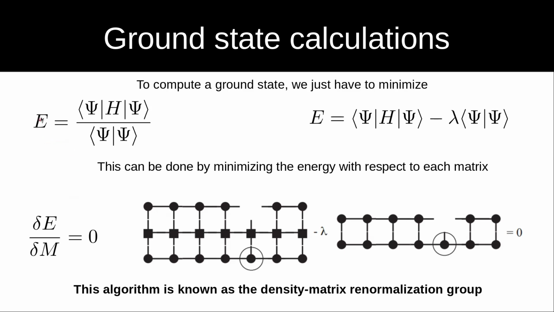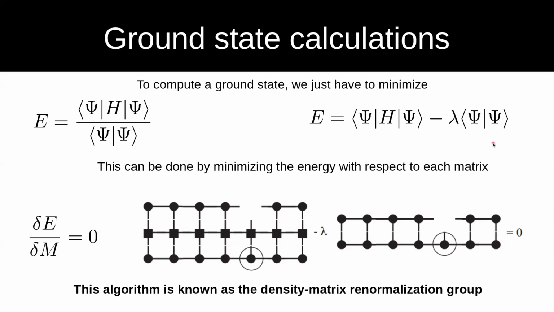So in particular, we define the energy of the matrix product state, that is the expectation value of the wave function, Hamiltonian, wave function, over the norm of the wave function. And of course, this can be written in a more useful way by using Lagrange multipliers. So we want to minimize this expectation value with the Lagrange multiplier that puts the constraint on the norm of the wave function.